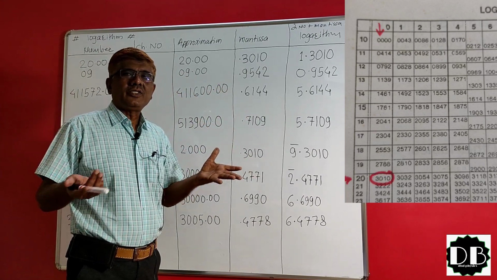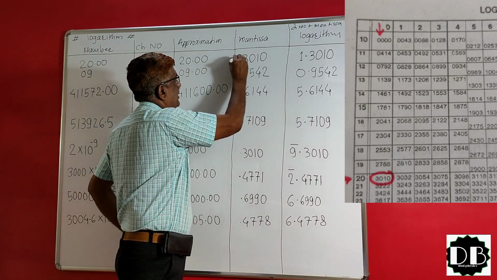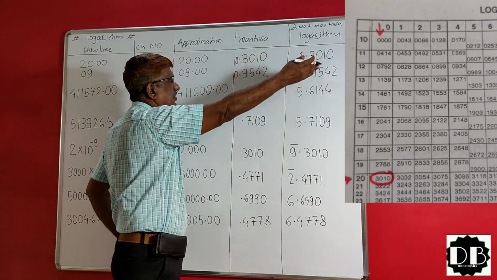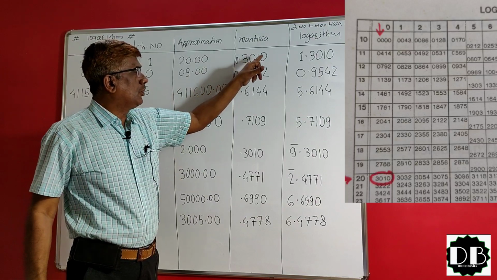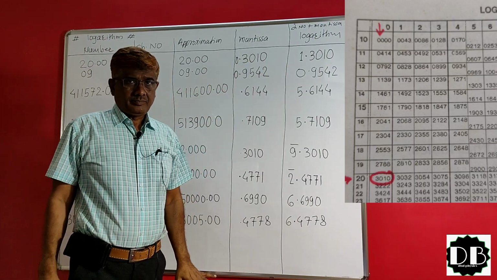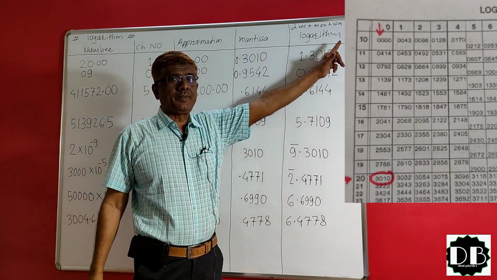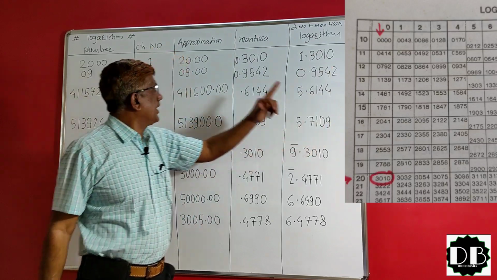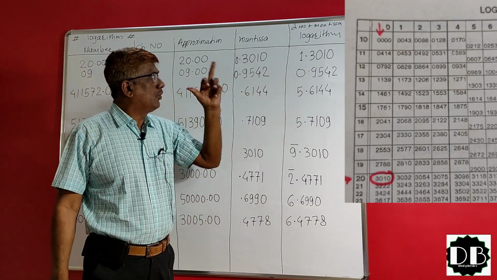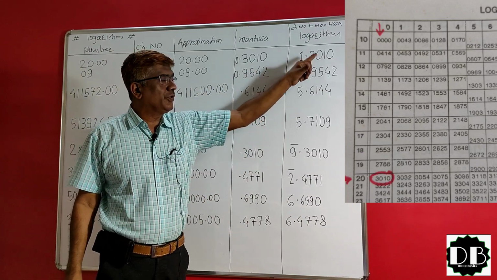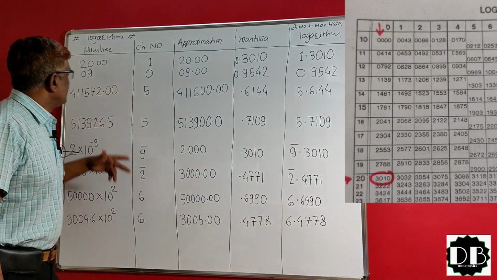You can write the mantissa with the 0 or not, it doesn't matter, because in addition it changes. So 0.3010 is the mantissa. Our aim is to find the logarithm. That's why logarithm is the addition of character number and mantissa. Character number here is 1. 1 plus 0.3010 is 1.3010. It is the logarithm of 20.